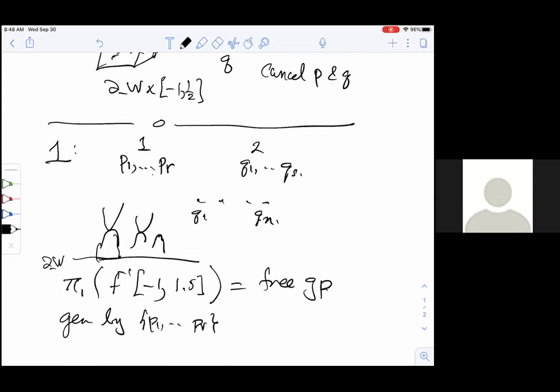The critical points of index 2 produce circles in this level, and those circles, of course, become trivial when you add the cap.